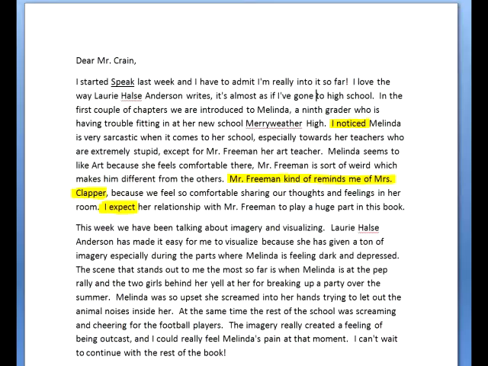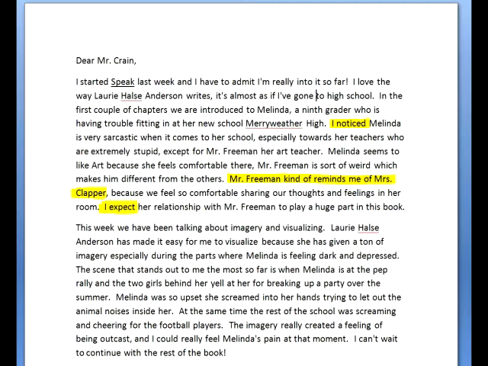So look at what I've highlighted in my sample. I use the stems that I list for you on the Reader's Notebook page. Things that we talk about in class, such as I noticed, or this character reminds me of, or a prediction where we would say I expect. So you can see I put that I noticed Melinda is very sarcastic when it comes to school.